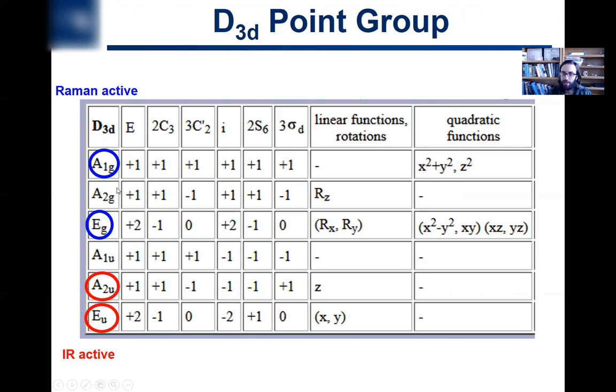And we have two symmetries that could give rise to Raman active normal modes in D3d symmetry. And if you have A2g or A1u normal modes in your molecules, those won't appear in Raman spectroscopy or in IR spectroscopy. So we call the A2g and A1u normal modes vibrationally silent, okay?